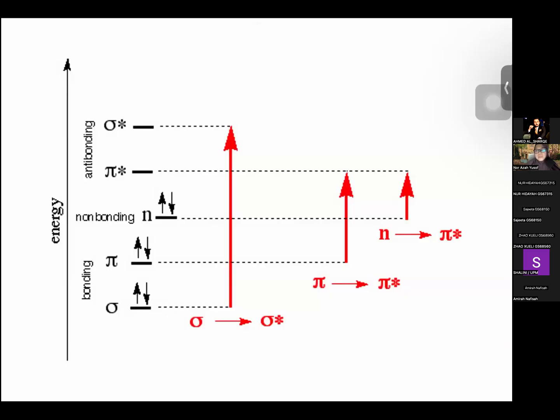So that's why you need to know molecular orbital theory. This is MOT.